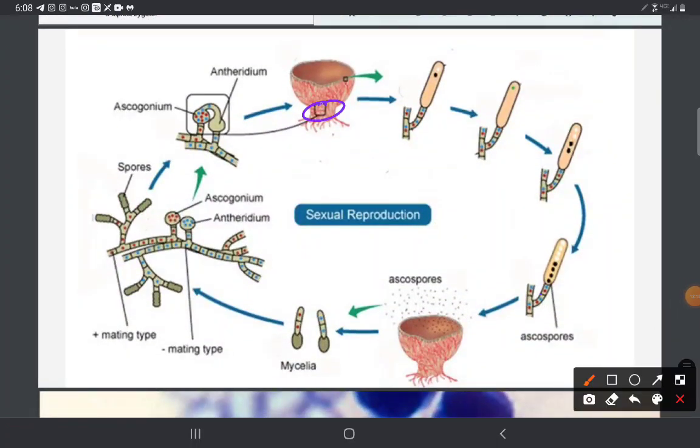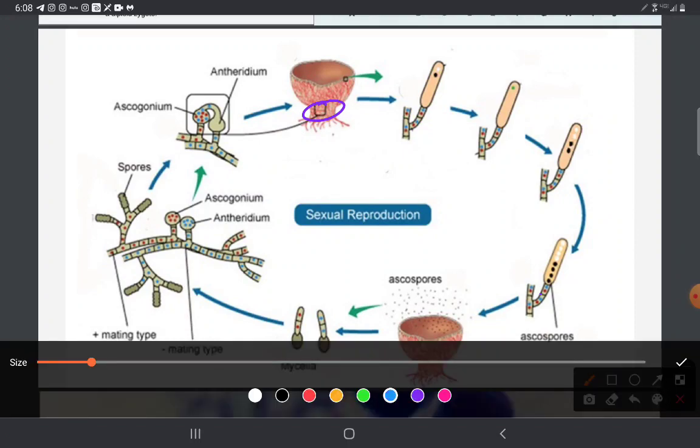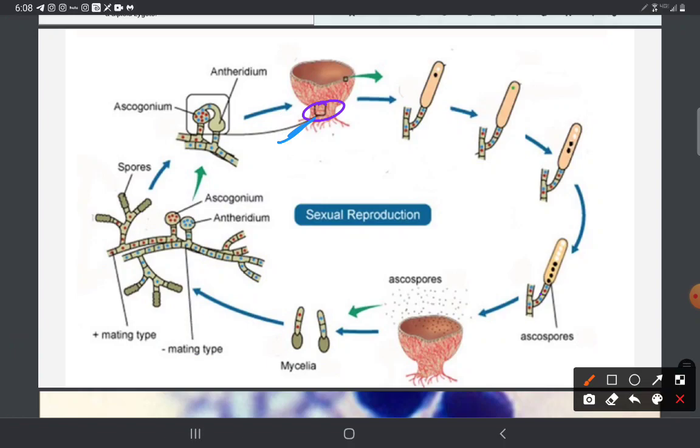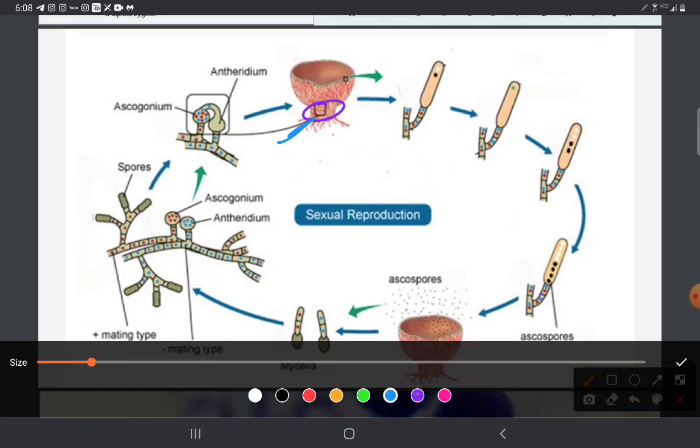Down here is where sex occurs. So we'll get one fungus coming in this way, and then we'll get another fungus meeting it over here, and they're going to sort of fuse here, but they're still, how do I draw this? They're still not going through karyogamy, so it's just like both hyphae growing together, really.